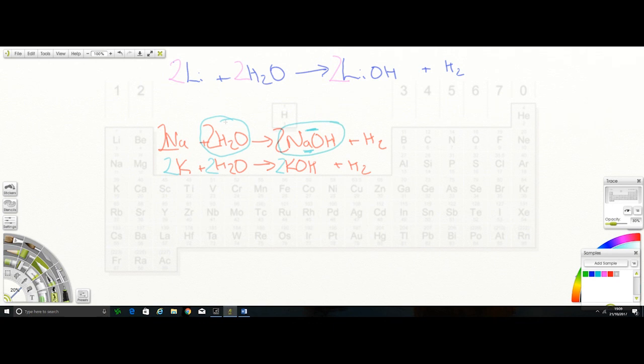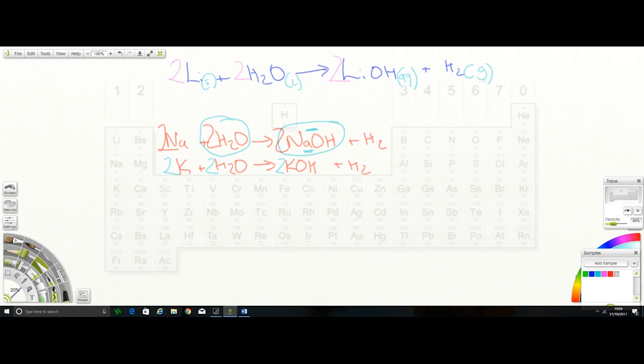Now finally, the state symbols. So what states do they exist in? As you can see from the video that you should watch, that's linked in the description, the metal here is a solid, water is always a liquid, it's going to form a solution, so this is aqueous solution of lithium hydroxide plus your hydrogen gas.